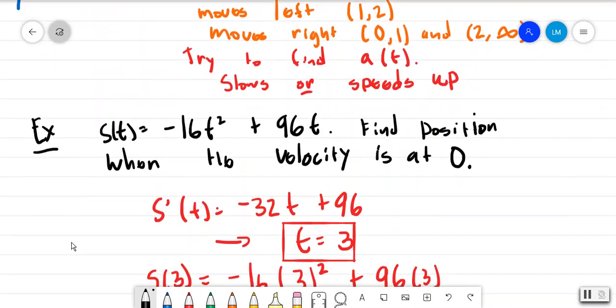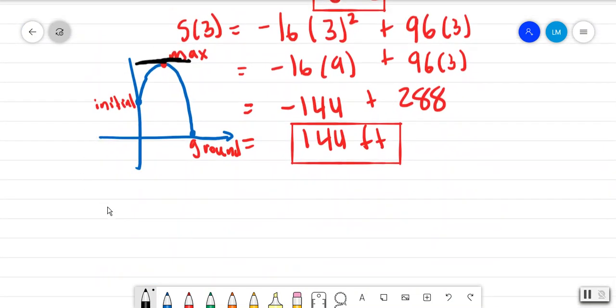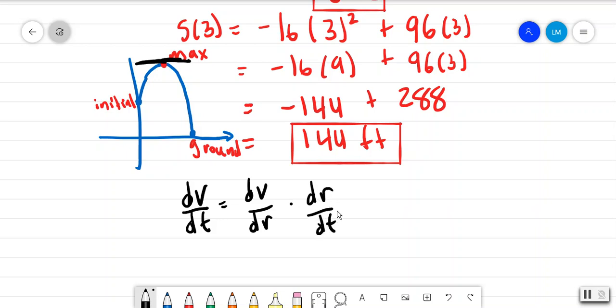Now, once we get past this section, you're going to be looking at functions related to time. So if you go back to the volume problem, you could find that dV/dt is equal to dV/dr multiplied by dr/dt.